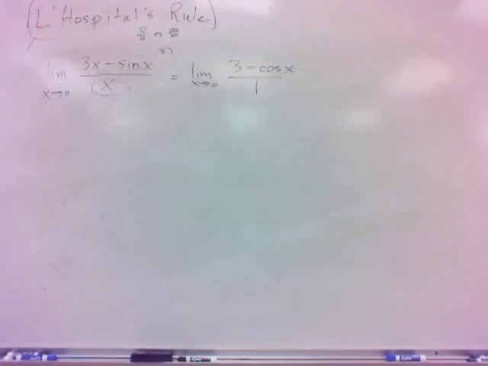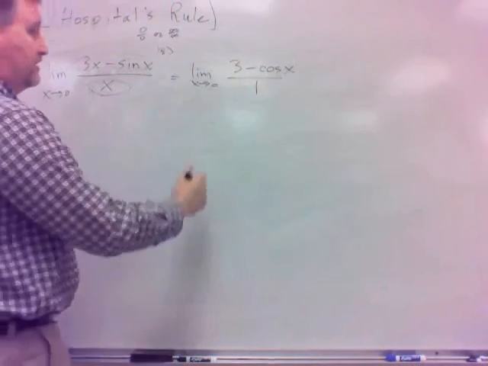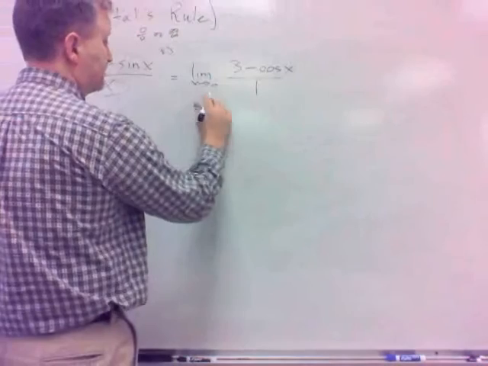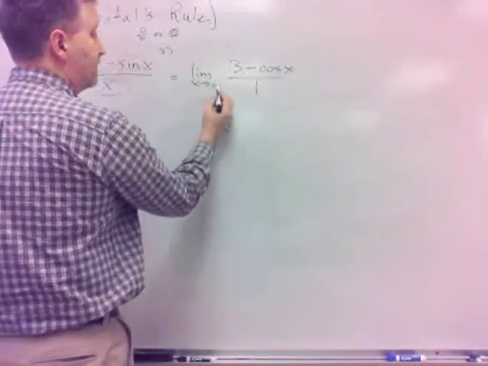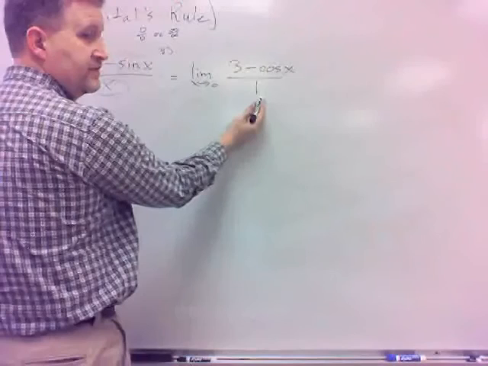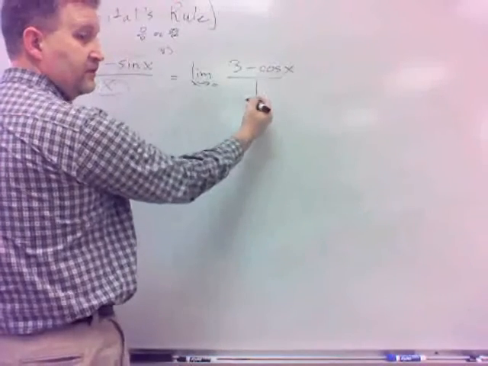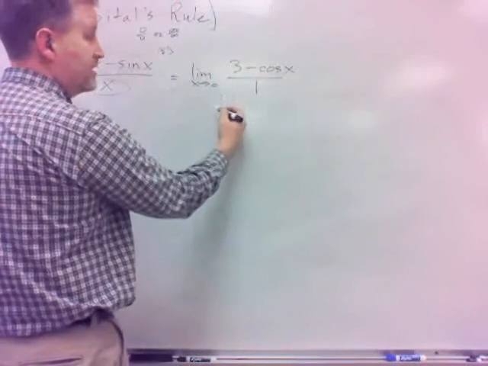So if we do that, a lot of times it gets us down to a form we can evaluate. Can I evaluate this limit? Because I'm no longer indeterminate.